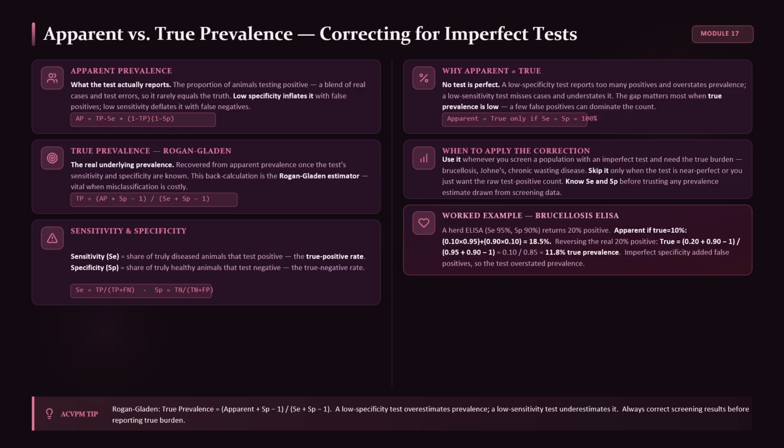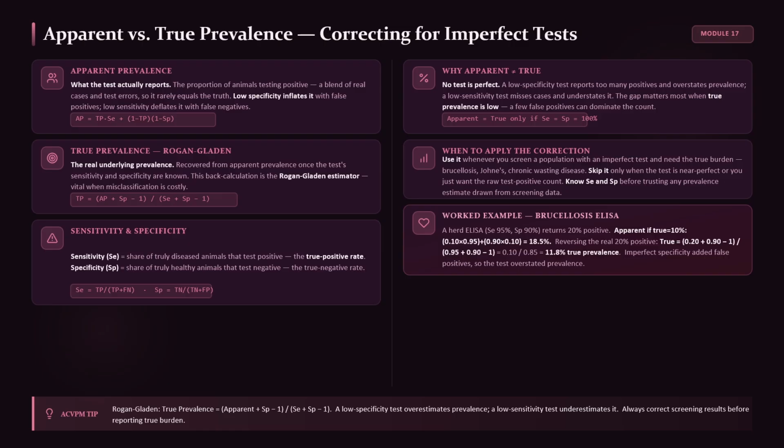Two test properties drive the whole thing. Sensitivity is how good the test is at catching truly diseased animals, the true positive rate. Specificity is how good it is at clearing truly healthy animals, the true negative rate. When either one slips below 100%, apparent and true prevalence drift apart. And the direction matters.